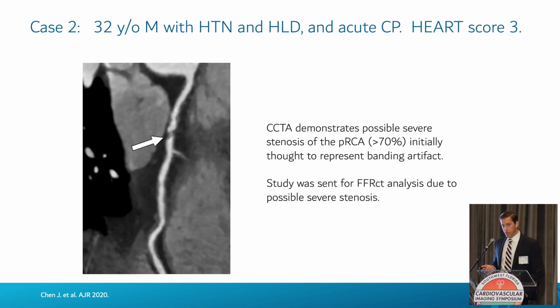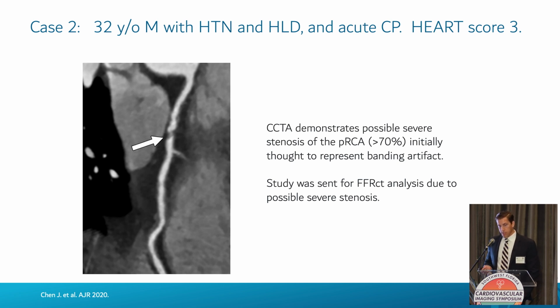Case 2, a 32-year-old male with hypertension and hyperlipidemia presenting with acute chest pain. This patient came to the ER, had a HEART score of 3. On the CTA, there was a possible severe stenosis of the proximal RCA. It was read as greater than 70%, but there was some concern that maybe this was related to some banding artifact within the segment.